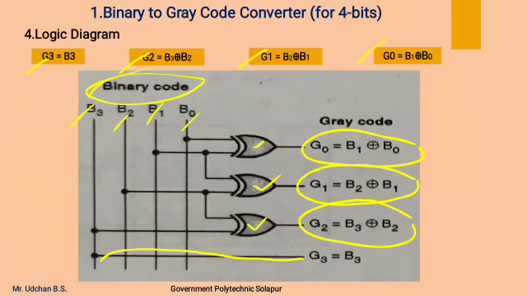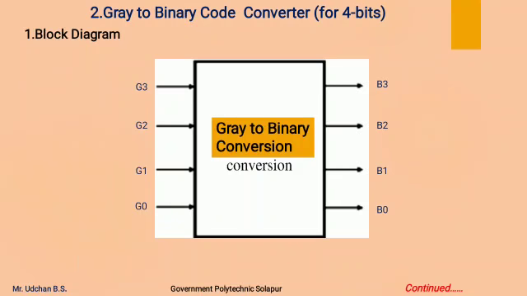This is how we can design a binary to gray code converter for 4-bit binary input. Next we will study the gray to binary code converter for 4 bits. This is the block diagram, which consists of a gray input of 4 bits and a binary output of 4 bits.